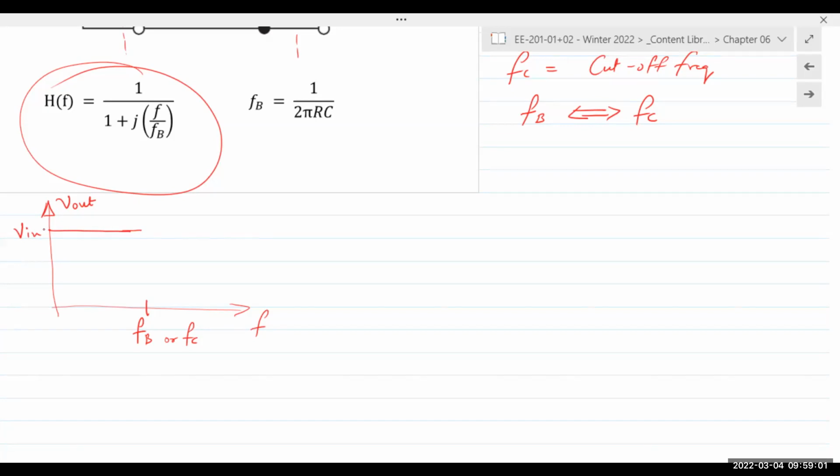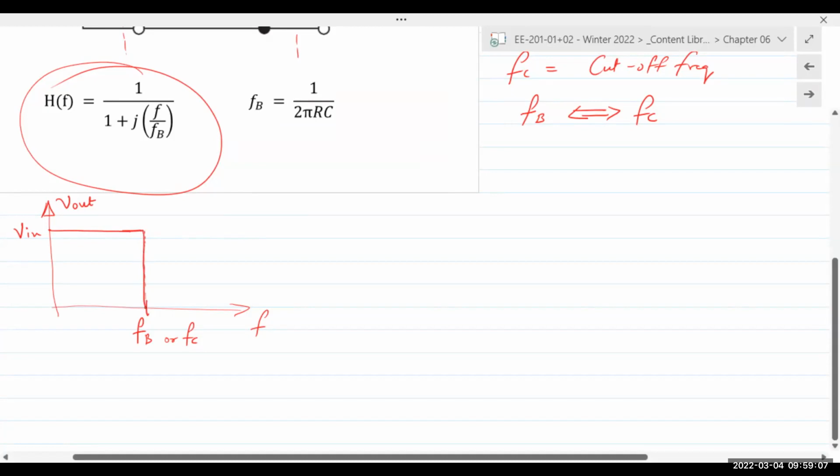V out should be equal to V in. And any components that have frequencies higher than FB should be blocked. So this would be known as the pass band, and this would be known as the block band, the no pass zone.